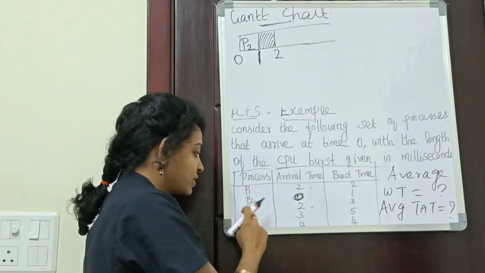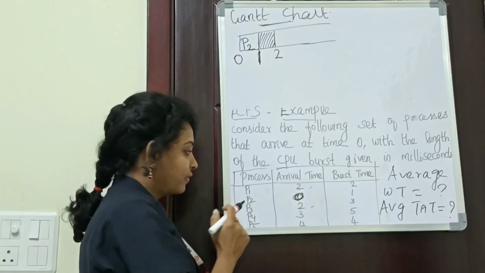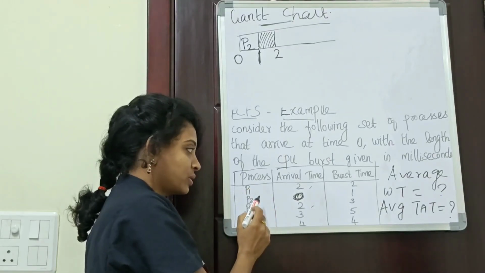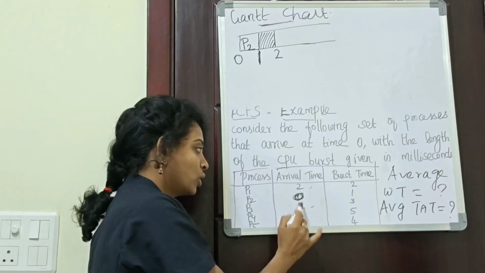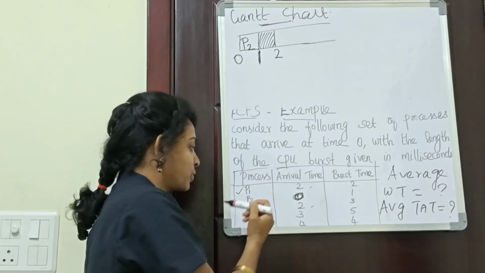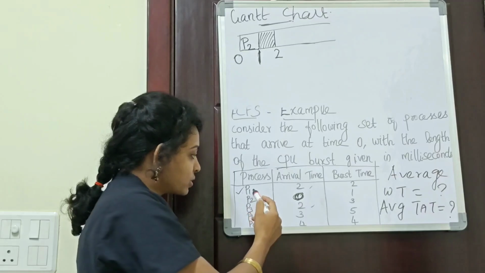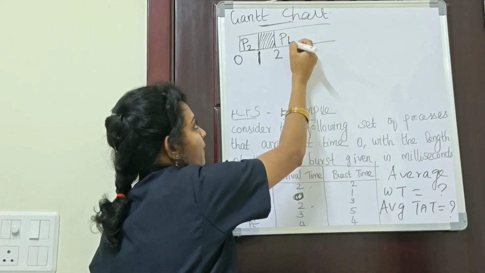During this time we can follow the first come first serve method. We can choose the P1 process, because P1 process has come first. So we can write here P1.